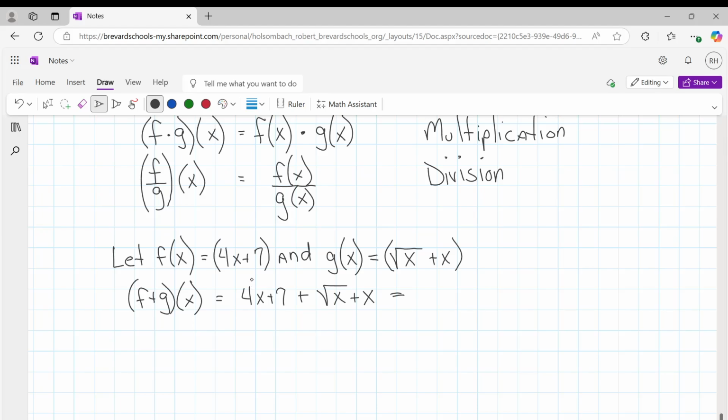All right, we're going to take 4x plus x, and we get 5x. There's nothing to add to this square root of x, so it stays square root of x. And there's nothing to add to the positive 7, so it stays positive 7. And that is your sum, 5x plus square root of x plus 7.